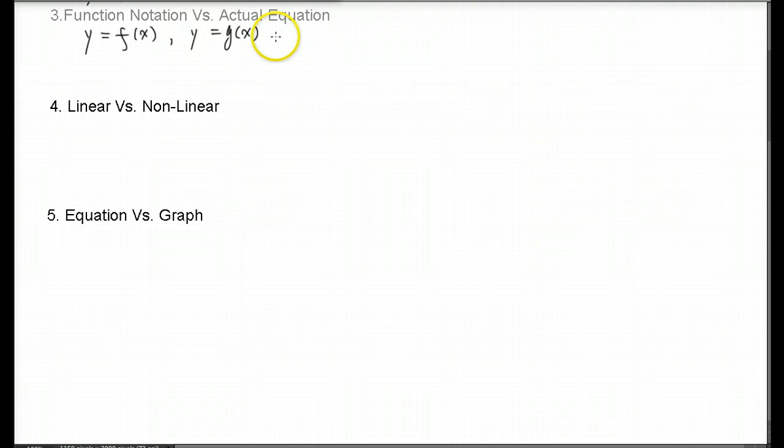But in mathematics, we can really see that f means an expression.